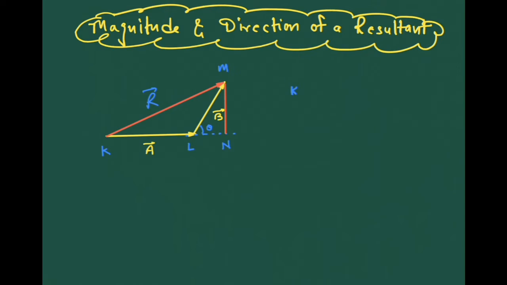So in this triangle, the magnitude of KM is R, KL is A, LM is B, and theta is the angle between vectors A and B.